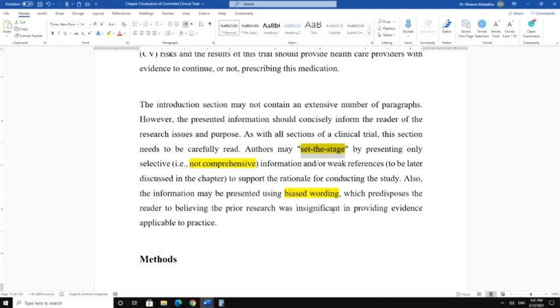Therefore, the work that they intend to do is not important because it was done before, but they have not really carried out a good search, or they have twisted the words. They used biased wording to show you, to predispose you, in order for you to believe that previous research was not significant. And that's what they want to do: they want to provide you with the best answer by doing this research.